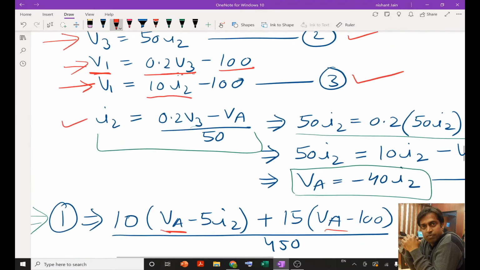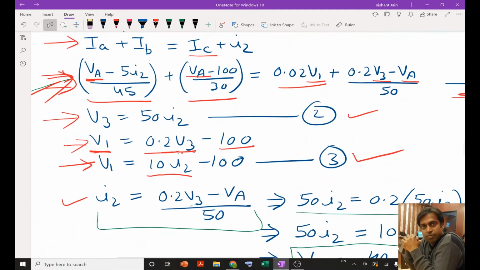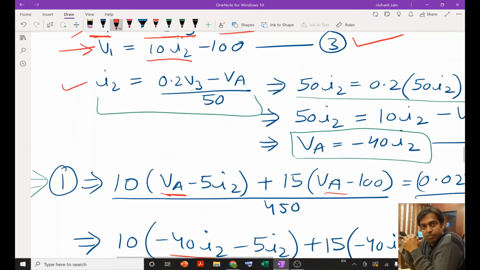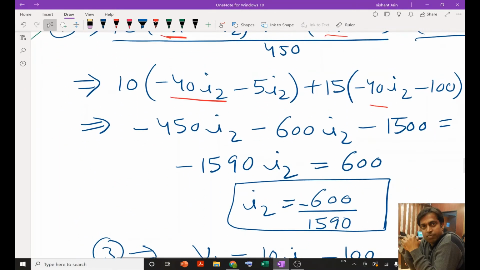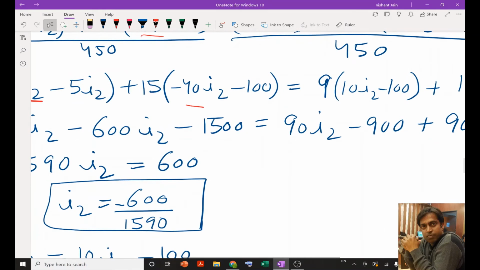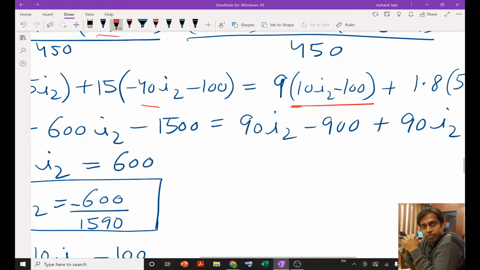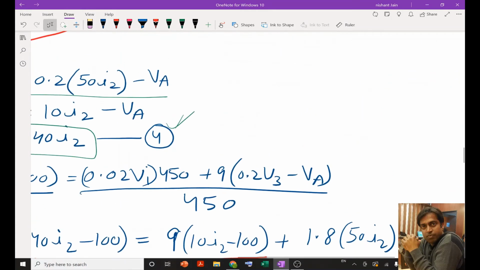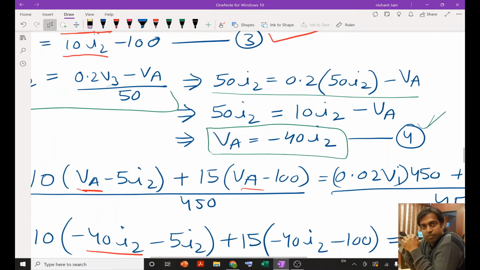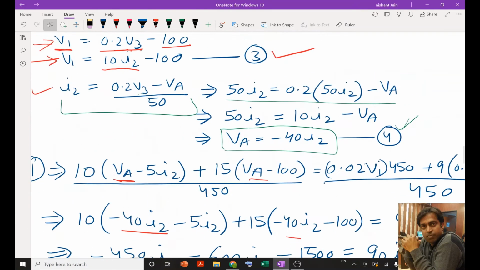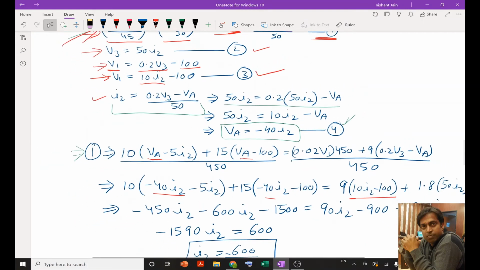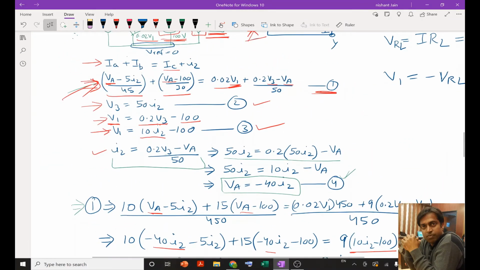Then this V1 we substitute with this expression, and after that this V3 I substitute with 50 I2.